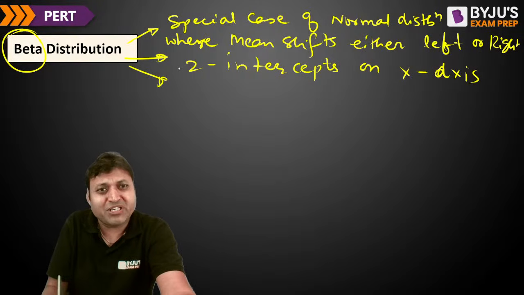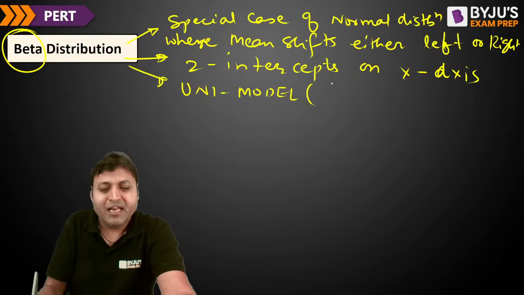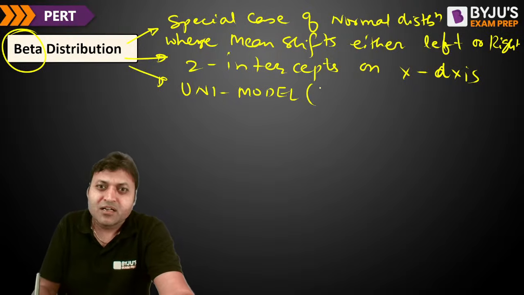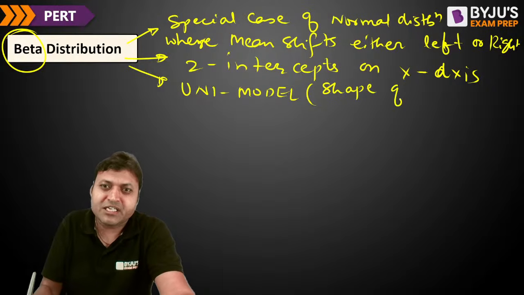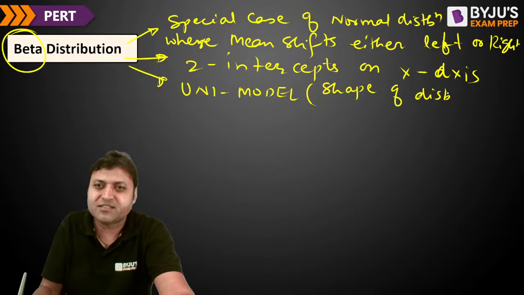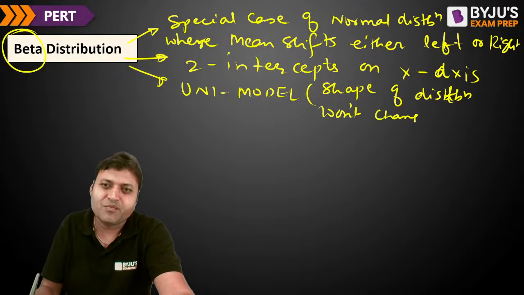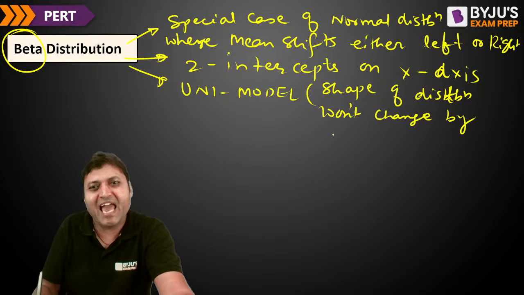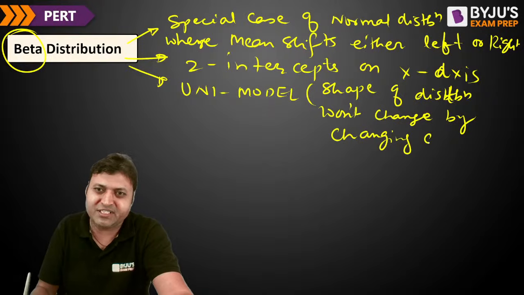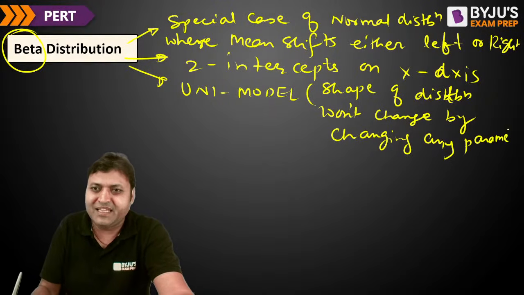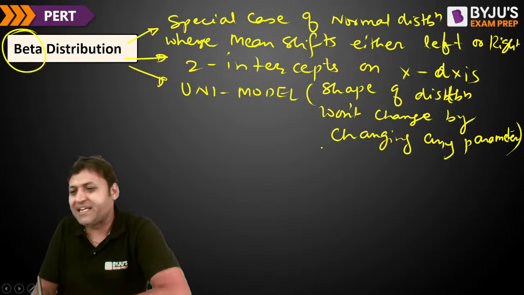The beta distribution is also called unimodal. What is unimodal? It means the shape of the distribution won't change by changing any parameter. That is called beta distribution. These are the properties of beta distribution.